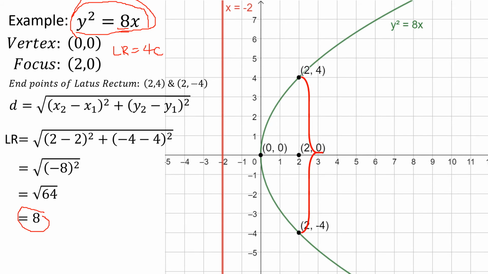So from (2, 4) until (2, 0), this is 2c. And also from (2, 0) until (2, negative 4), that is 2c. Since the original equation of our parabola is y squared equals 4cx, your 8 here is the 4c, and your 4c here is the length of your latus rectum.